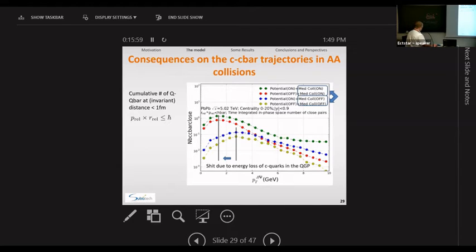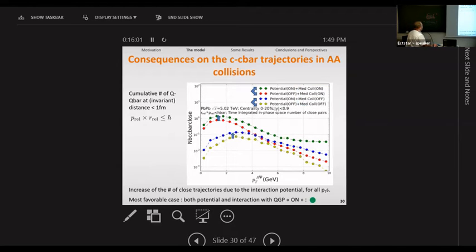And on the top, you can also see that the potential effect really helps you, as already shown, to populate these close c c bar pairs. And this is true for basically all PT.